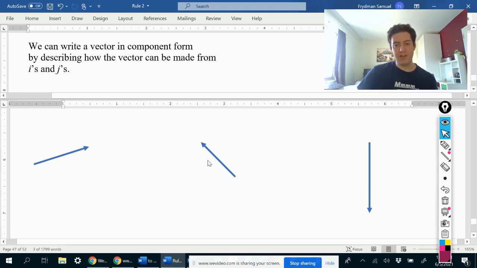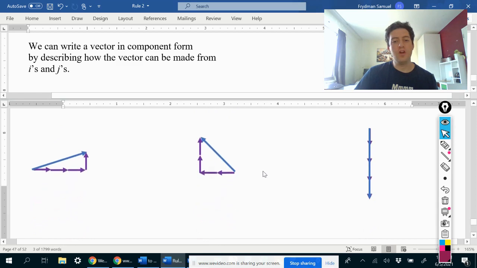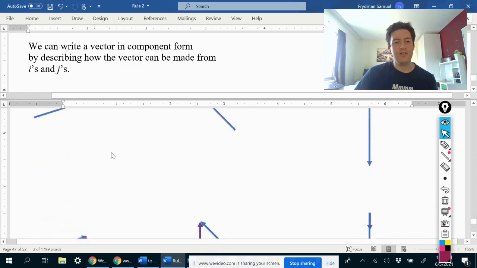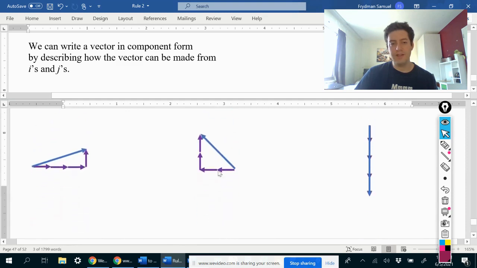So let's take a look at these three vectors over here, which I have drawn again down here. You can see that I just took these three blue vectors and copy and pasted them so that they're now over here. But now it's easier for us to see how to describe them in component form. So this vector over here is made from 3 of the i arrows and 1 of the j arrows.